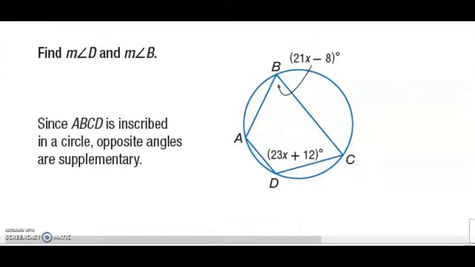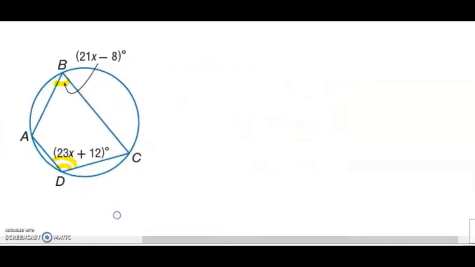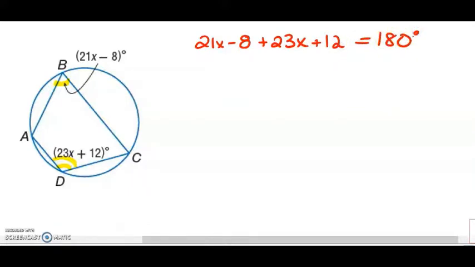There's one more example that I'd like to go over with you. If you have an inscribed quadrilateral, so any quadrilateral that's inscribed in a circle, the opposite angles are supplementary. So that means I can take 21x minus 8 plus 23x plus 12, and if they're supplements, they add up to 180.